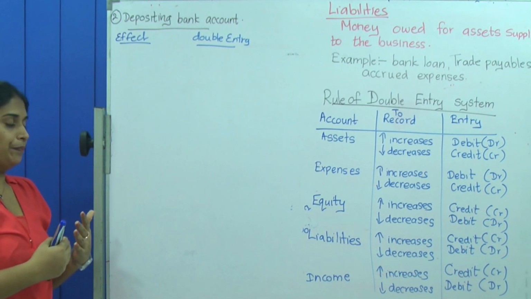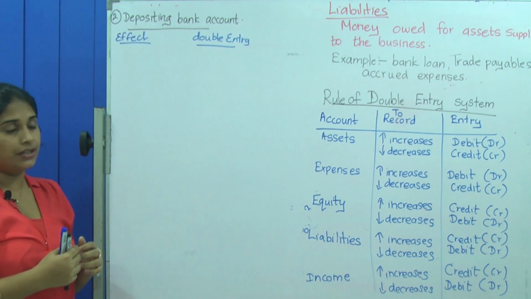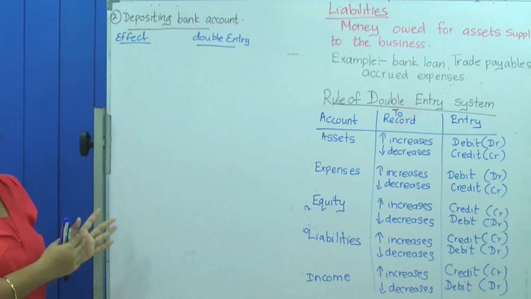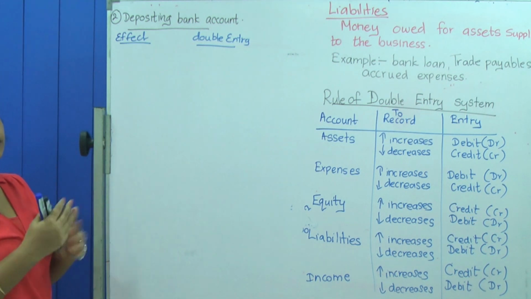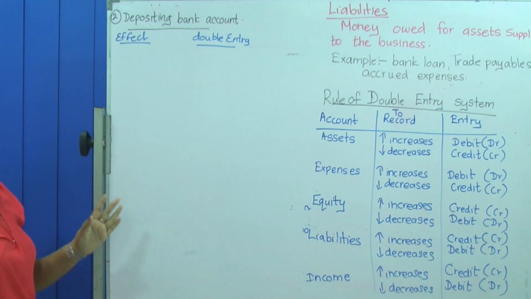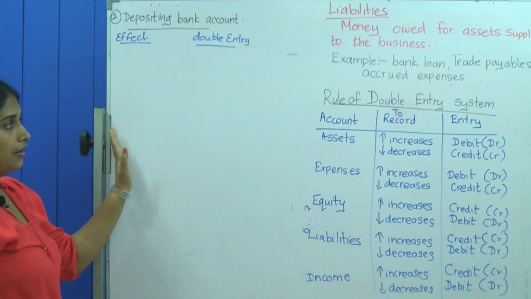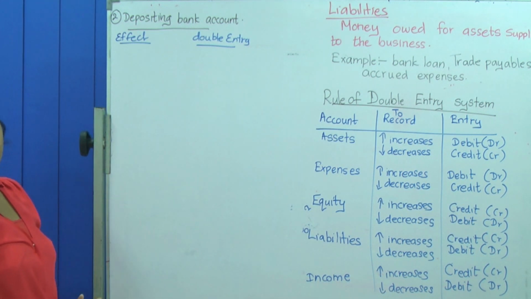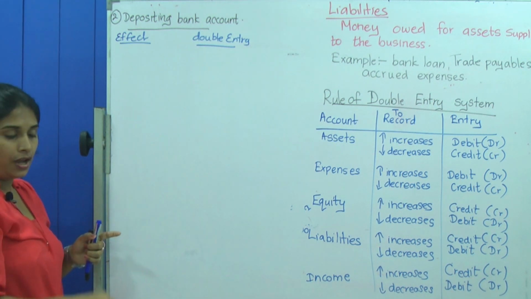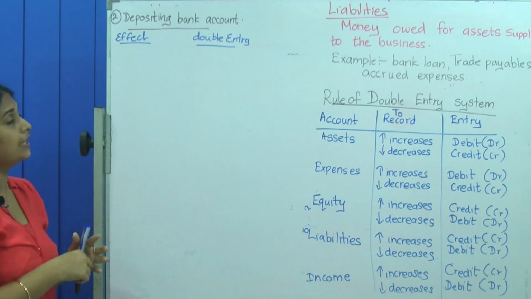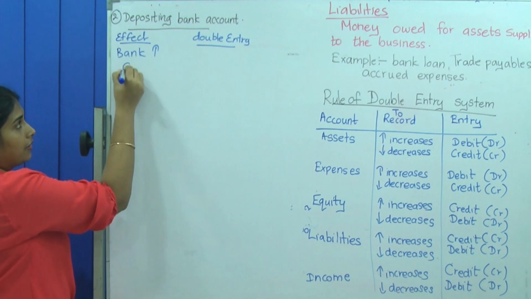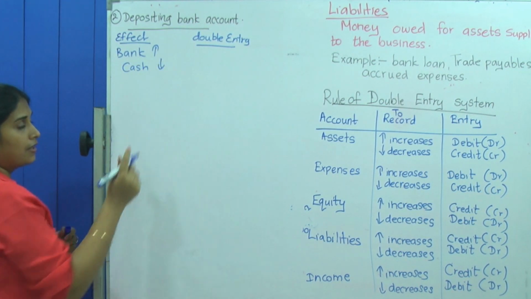When she was doing transactions, she thought that having cash inside the drawer is very difficult because whenever she goes and does some transactions, she has to carry a lot of cash. So she is going to deposit 2,000 out of 10,000 in a bank account. What happens? Cash which is inside the business goes down, but the cash inside the bank increases.